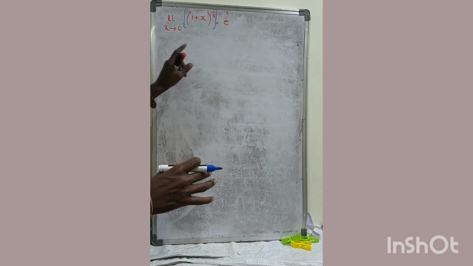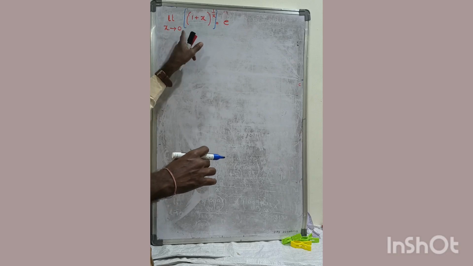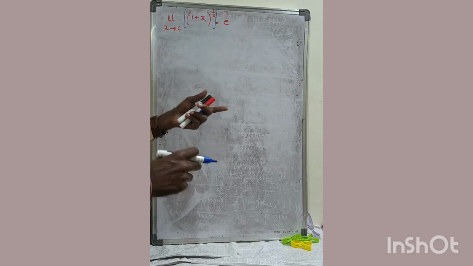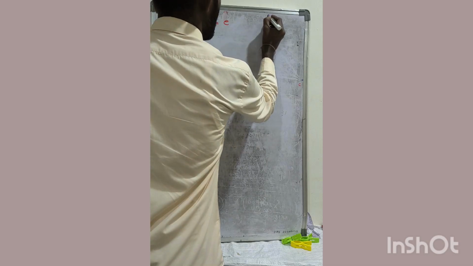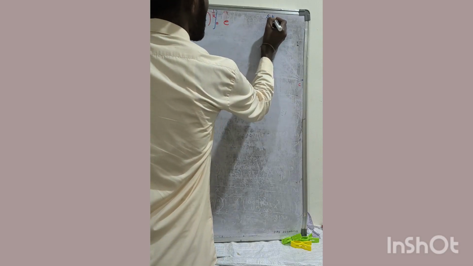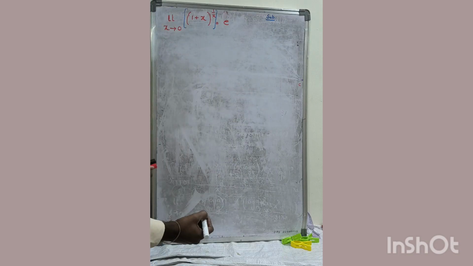So the basic thing is to verify whether the substitution method is giving any indeterminate value. So first, we use the substitution method to find the limit of this function.